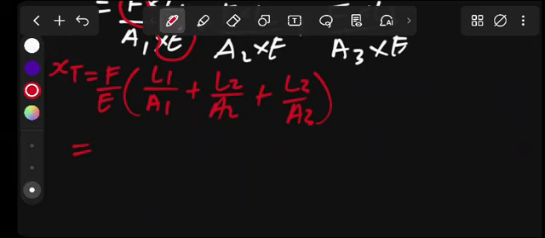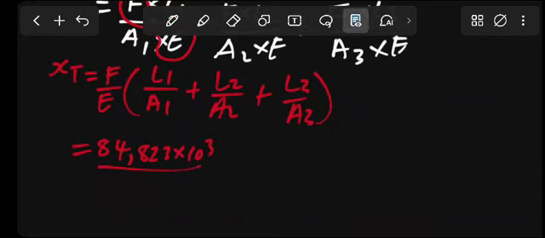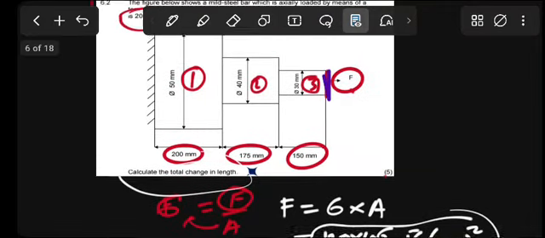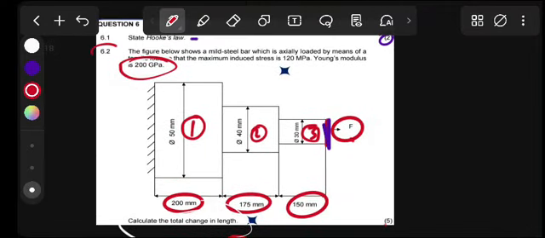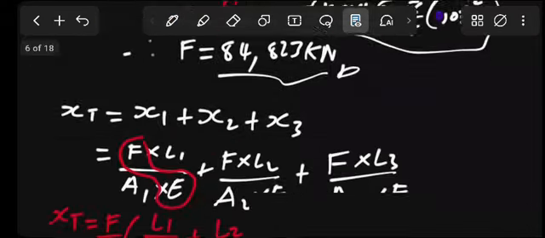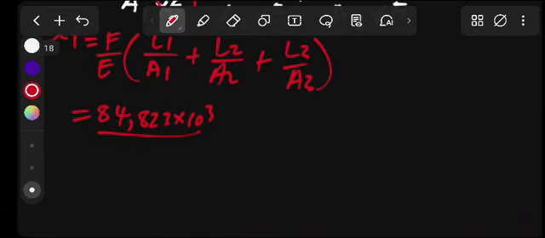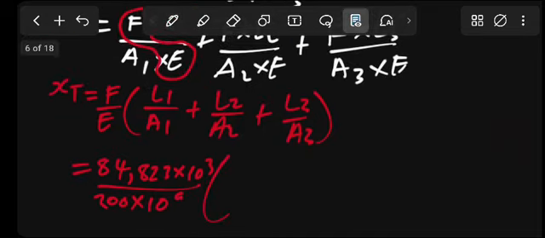It is the one we've just calculated, which is 48,823 times 10 to the power of 3 divided by Young modulus. Young modulus of this is 200, as you can see there. So 200 gigapascal. This will be 200 times 10 to the power of 9. All this into what? The length 1.